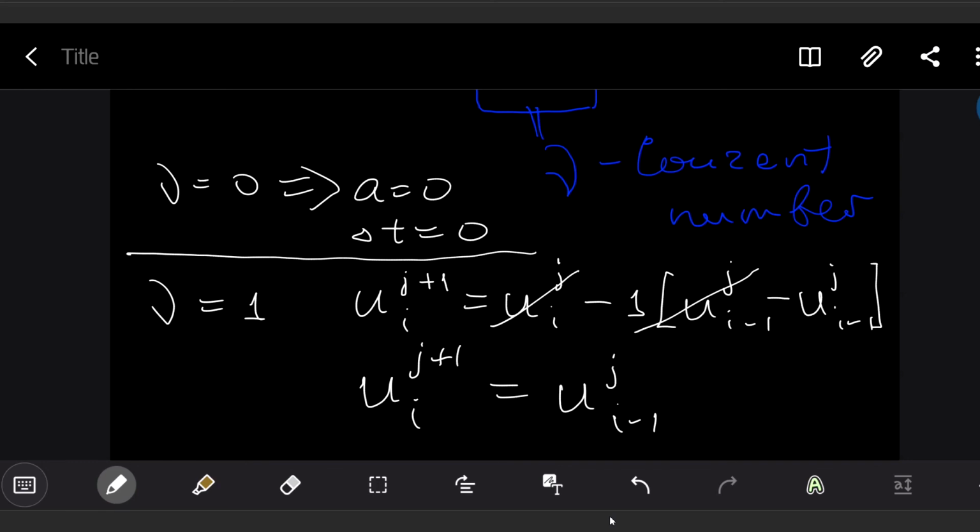So you just transfer a value from one point to another. You are not simulating anything. You just translate from one point to another, and your solution progresses. It does not degrade. It's a so-called exact solution. It's an exact solution because it's not changing in time. It's just translated in time from one point to another without any kind of losses.